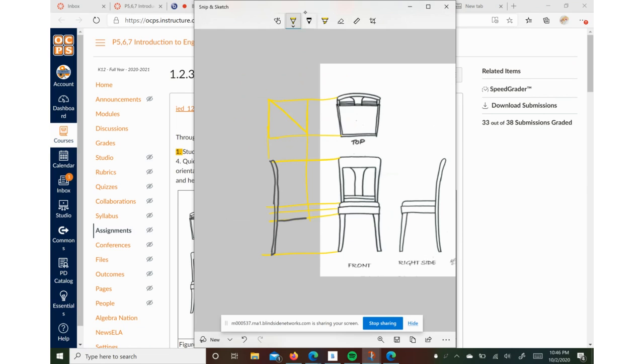Again, this is a rough estimate here. We have our line across here. Our seat comes across there. Our other leg down like this. That would be our left-hand side.